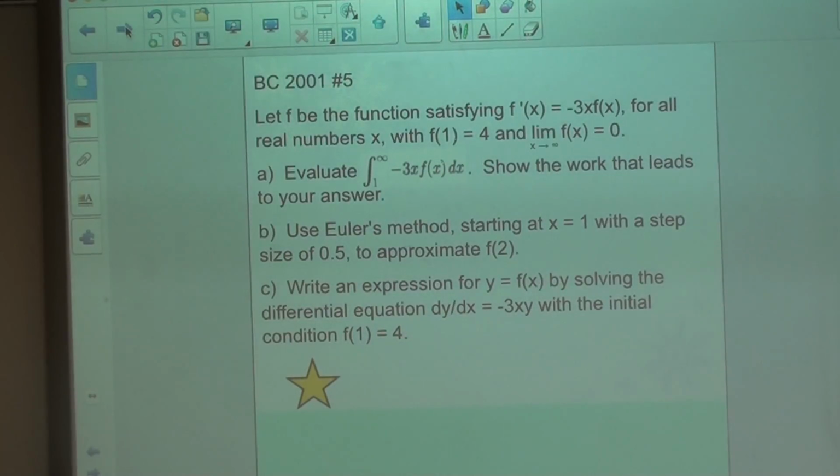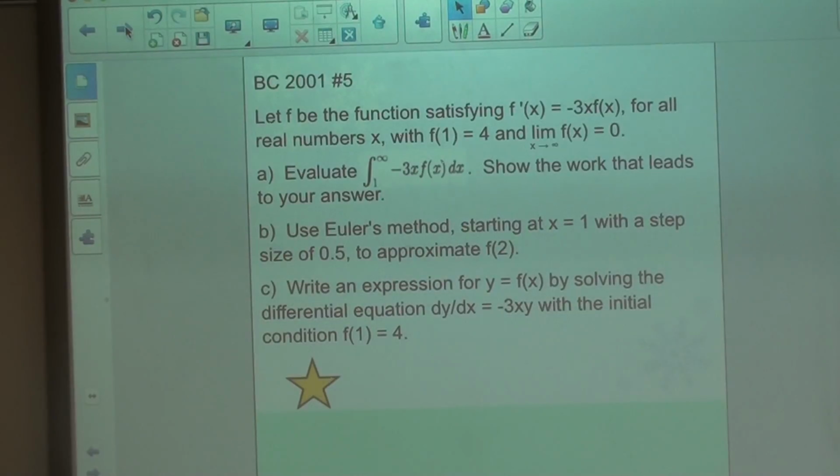All right? So it says, let f be the function where f prime equals negative 3x times f of x, for all real numbers x, where f of 1 is 4, and the limit as x approaches infinity of f of x is 0. Part A, evaluate the integral from 1 to infinity of negative 3x f of x. Show the work that leads to your answer.